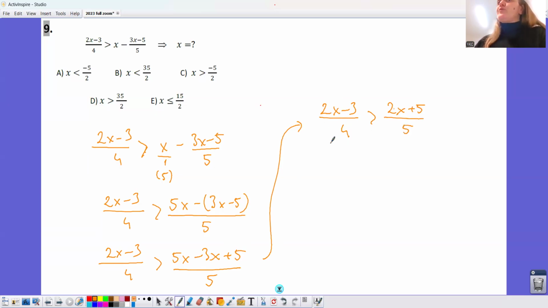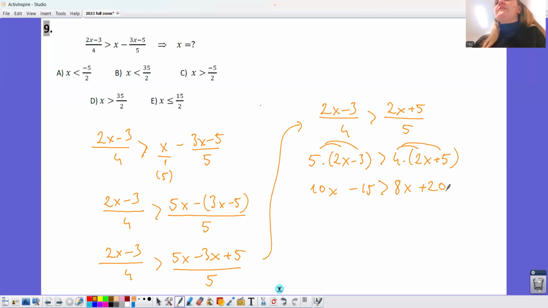Now I will do the cross product, which is 5 times (2x minus 3) greater than 4 times (2x plus 5). Then it becomes 10x minus 15, we are multiplying both of them by 5, and here by 4, greater than 8x plus 20.